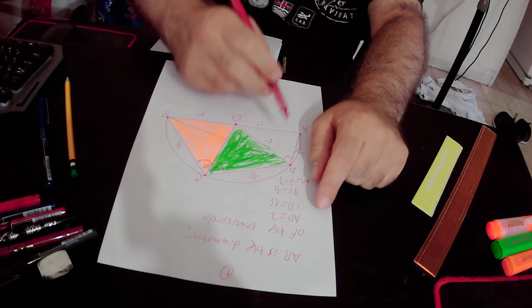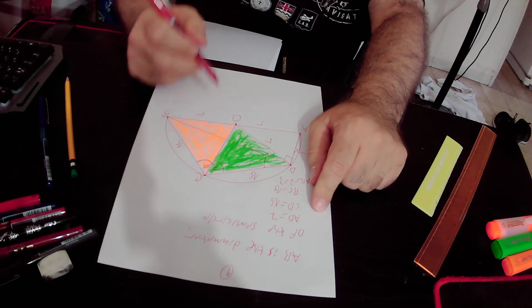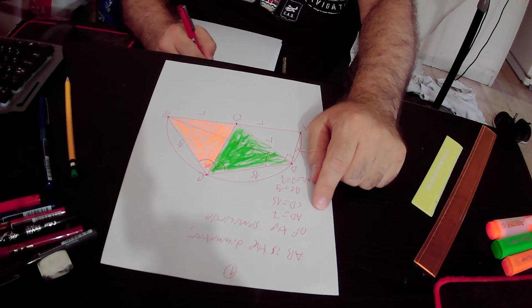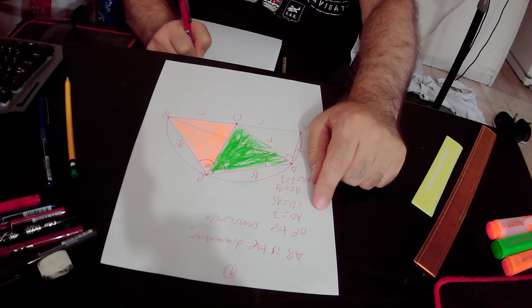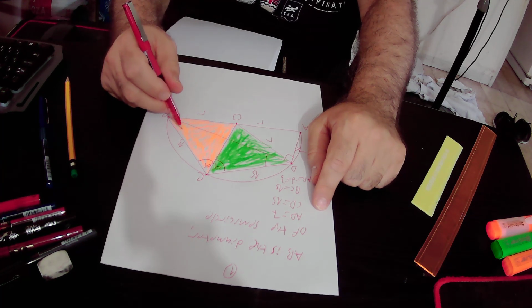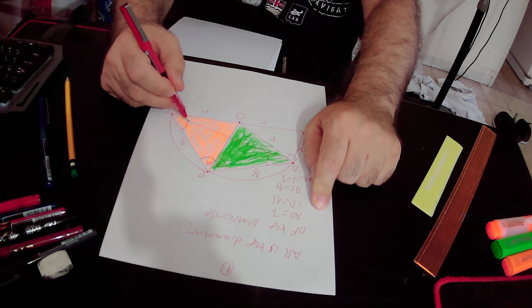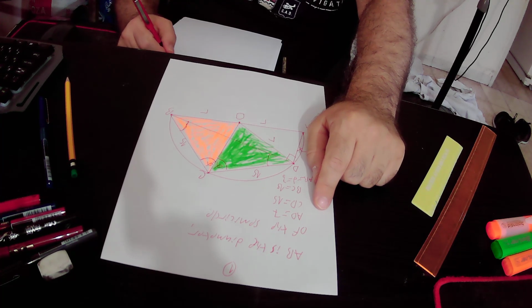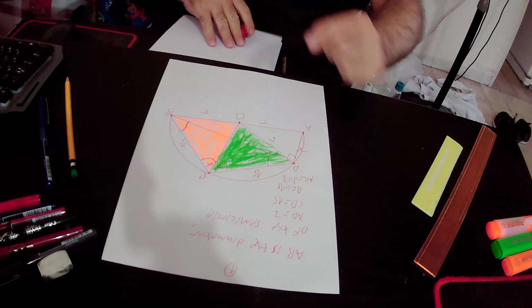Therefore, this angle CDB is equal to angle DBC. According to rule number 2. Okay?